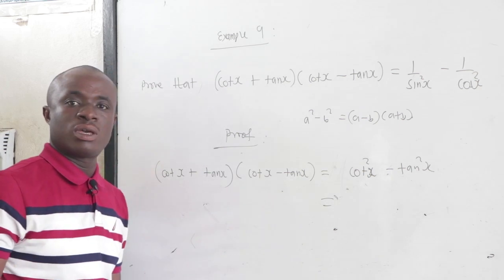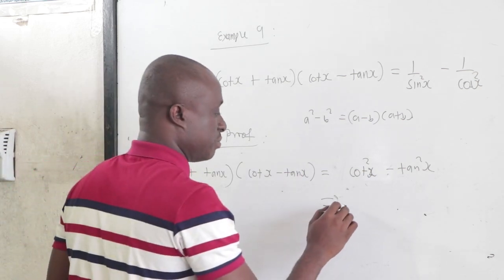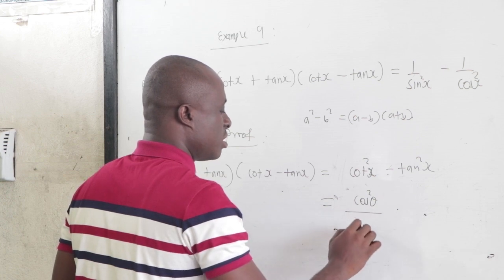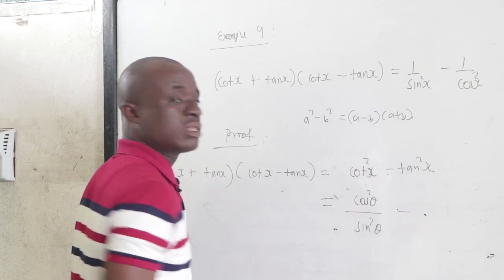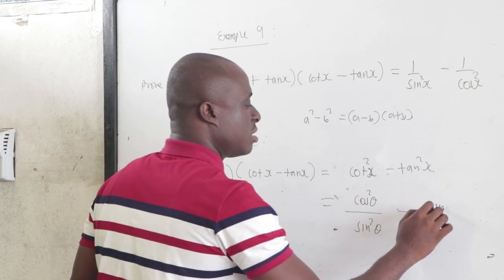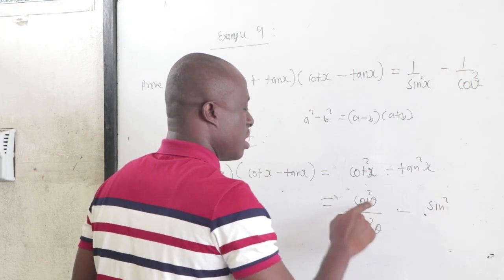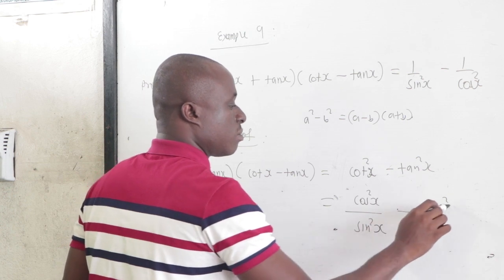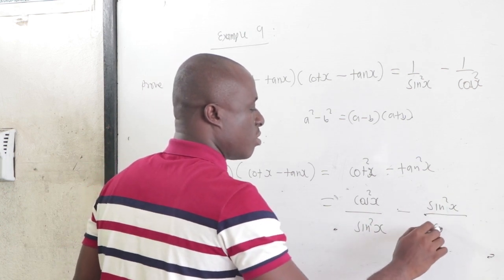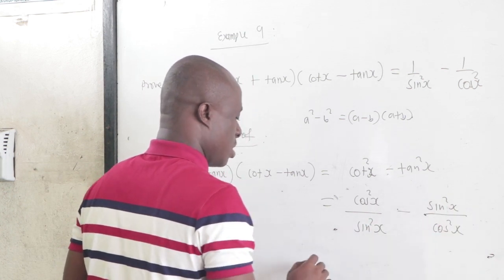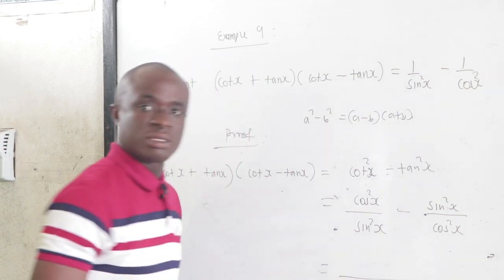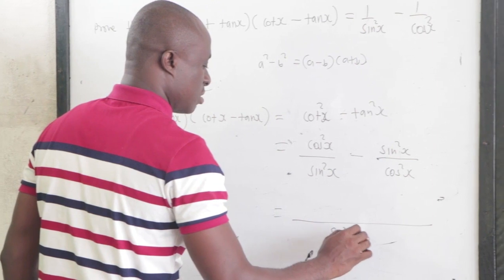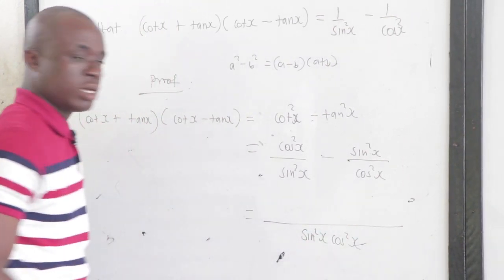Now what is cot square x? Cot square x is the same as cos square x all over sine square x, and tan square x is the same as sine square x over cos square x. The angle is x. Now what is the LCM? The LCM is basically sine square x cos square x.